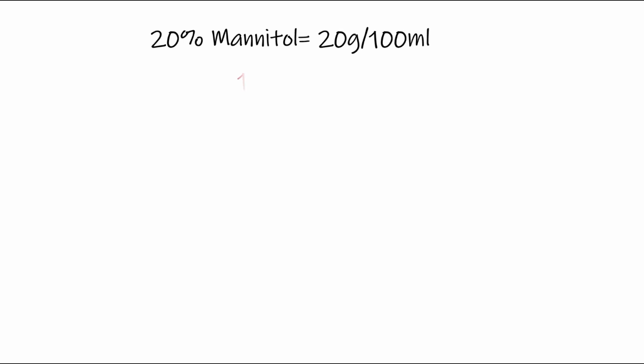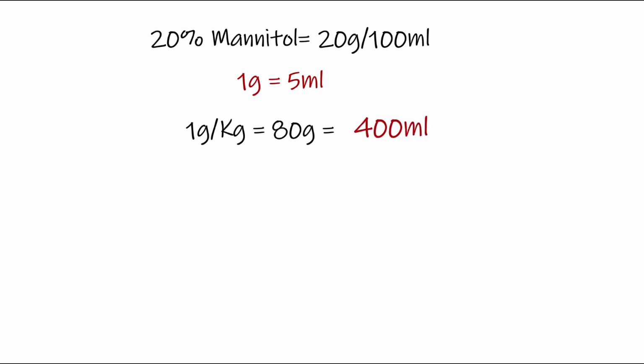Let's work the problem. 20% mannitol is 20 grams per 100 mils, and 1 gram is 5 mils. 1 gram per kilo is 80 grams or 400 mils.